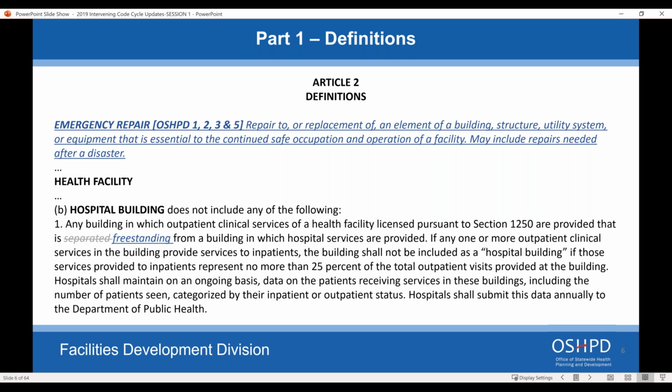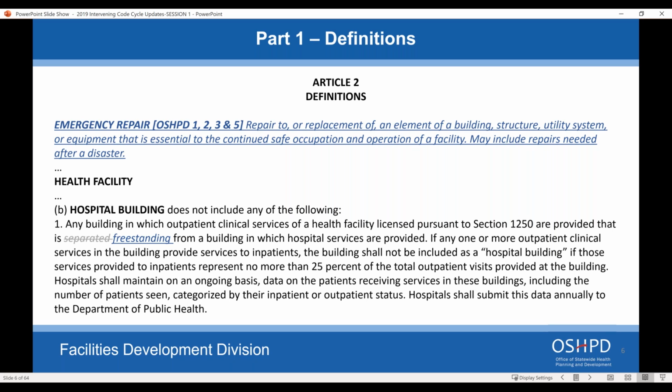We've added some definitions. We're going to go over those. We added emergency repair, which is a repair to or replacement of an element of a building structure, utility system, or equipment that is essential to the continued safe occupation and operation of a facility. It may include repairs needed after disaster.